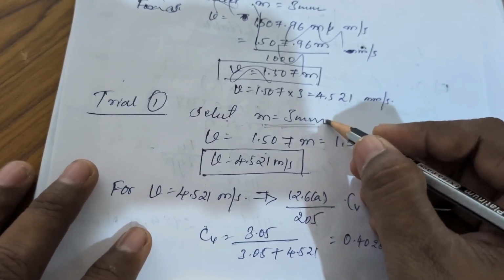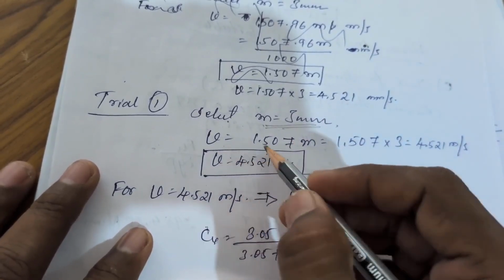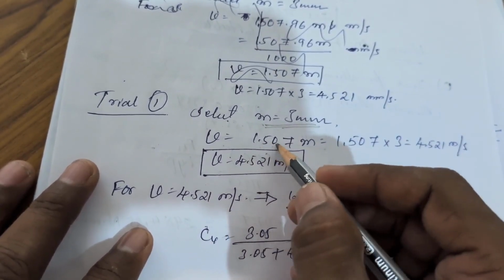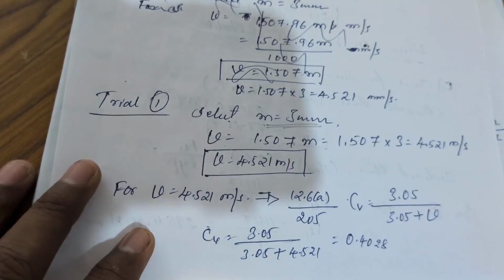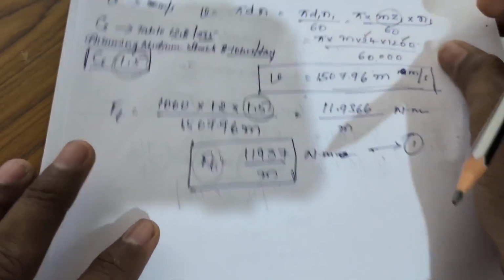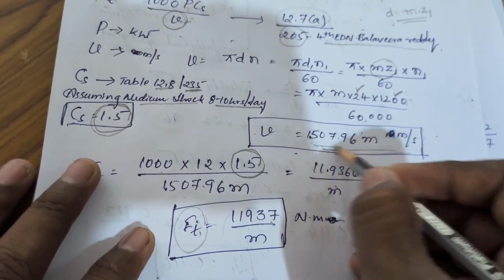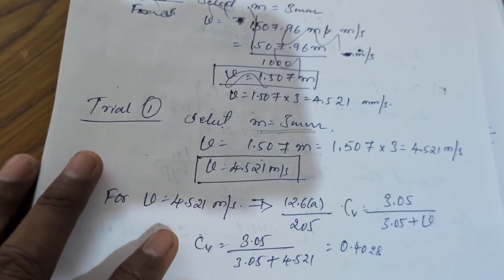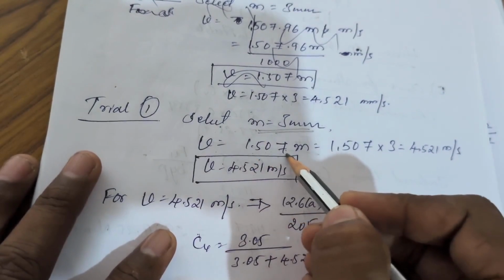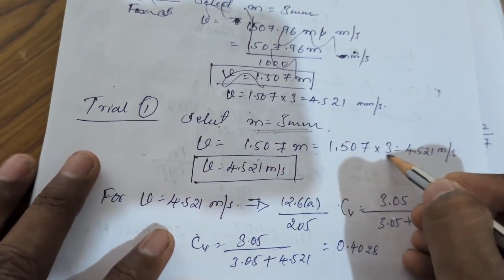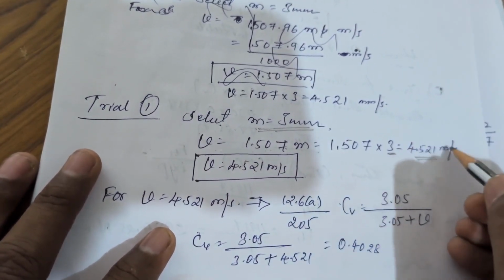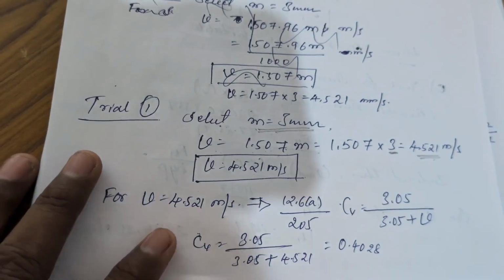So 3 mm I will select. So V is equal to 1.507 m, which I got from here. You can see I have calculated it earlier. Same thing I have taken here, 1.507 m. m is 3, so you will get 4.521 meter per second.